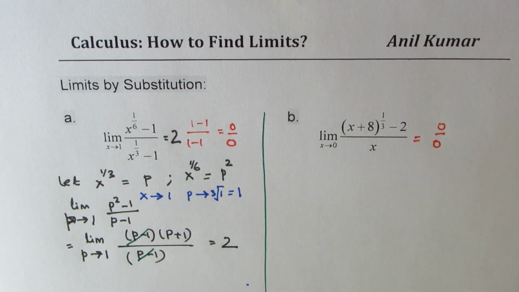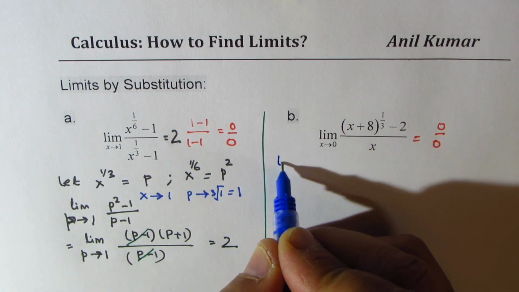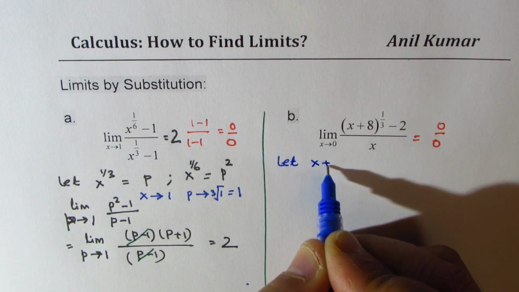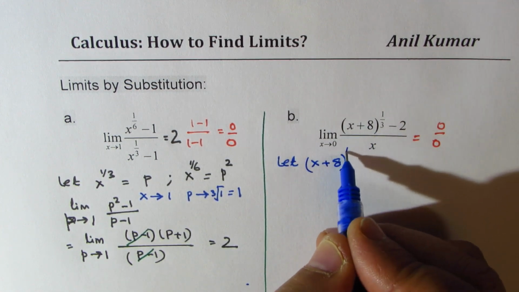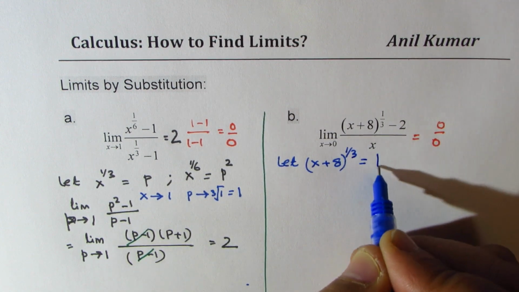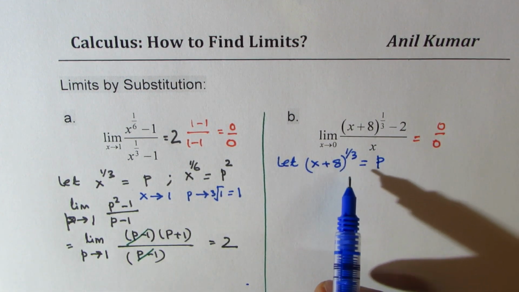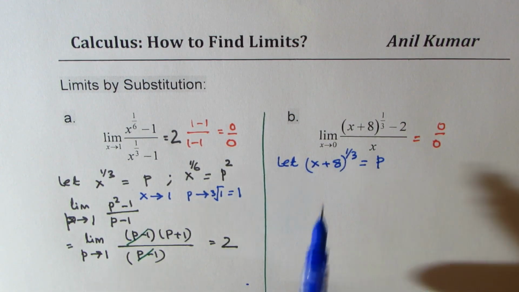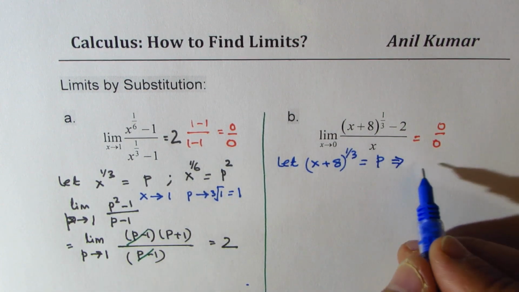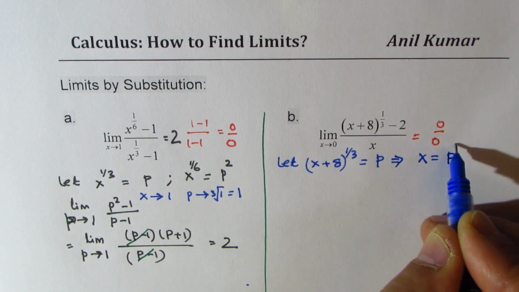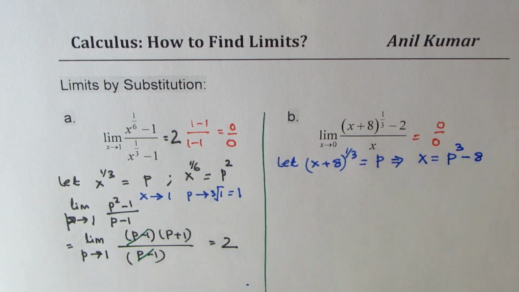So what substitution should I make? Here we'll substitute x plus 8 to the power of 1 over 3 as, let's say, p. In that case, what is x equal to? Well, rearrange. It becomes p cubed. So x is equal to p cubed minus 8. Right?